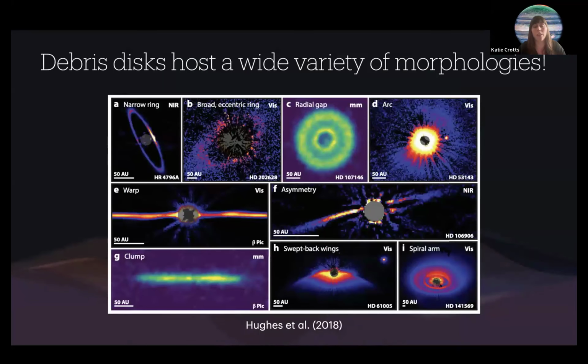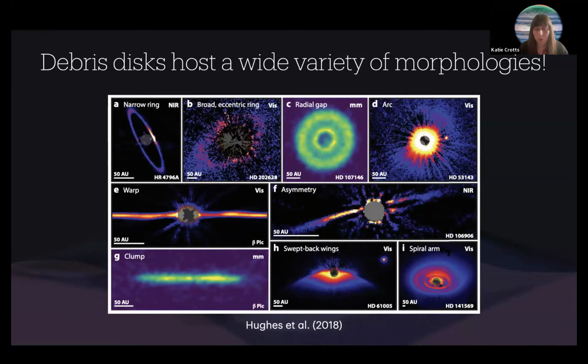The more debris disks that we image and resolve, the more we see that they host a wide variety of morphologies: rings, gaps, warps, eccentric disks, etc., that support this idea that planets are directly interacting with their disks and creating all these different types of asymmetries and substructures.